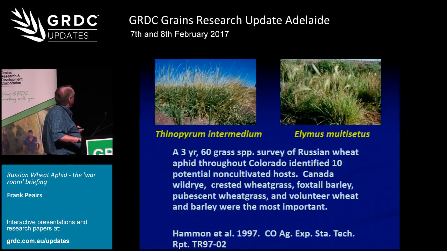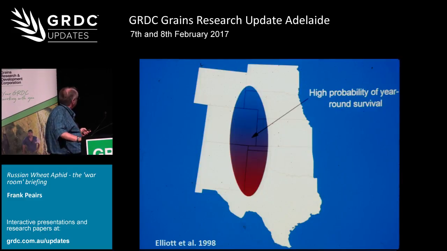Just as an aside, I will say that under our conditions, the Russian wheat aphid will follow those grasses all the way up to the Continental Divide, so well over 10,000 feet. We find them on grasses throughout the summer, and that may well play an important part of their field biology.